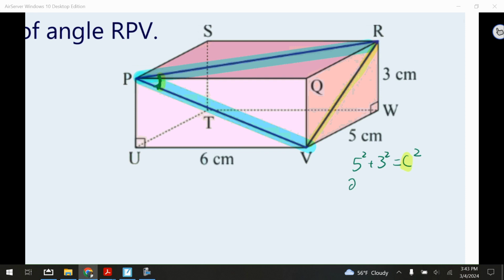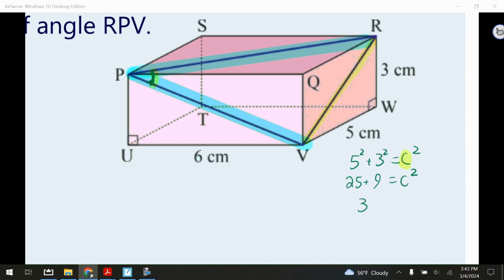So 25 plus 9 equals c squared, so c is going to be the square root of 34. I'm going to leave that in exact form, because why make it a decimal if I don't have to? Also, that is not going to be simplifiable. So that gives me one side of that triangle that contains the angle I'm trying to find, RPV.